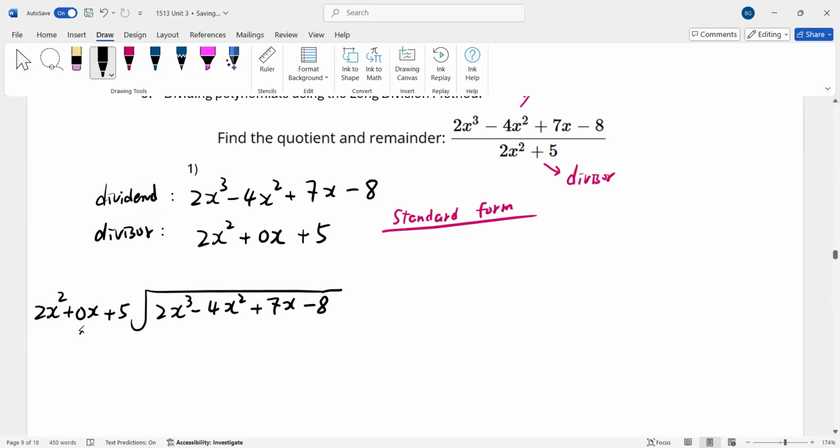Knowing the 0x here is necessary, is very important. For both dividend and divisor, if the given form is not standard, you have to rewrite the polynomials in standard form and then place them like this. Dividend under the symbol and the divisor to the left next to it, all right?